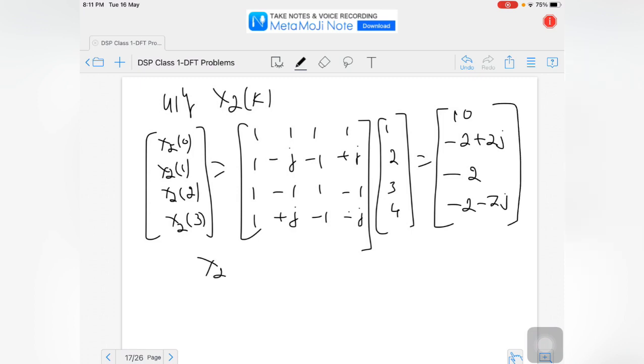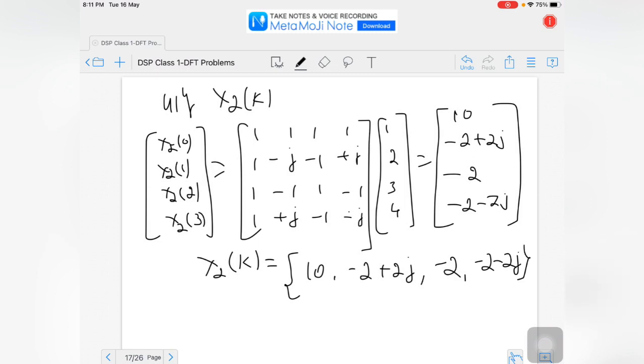So my x2 of k is equal to 10, minus 2 plus 2j, minus 2, minus 2 minus 2j.